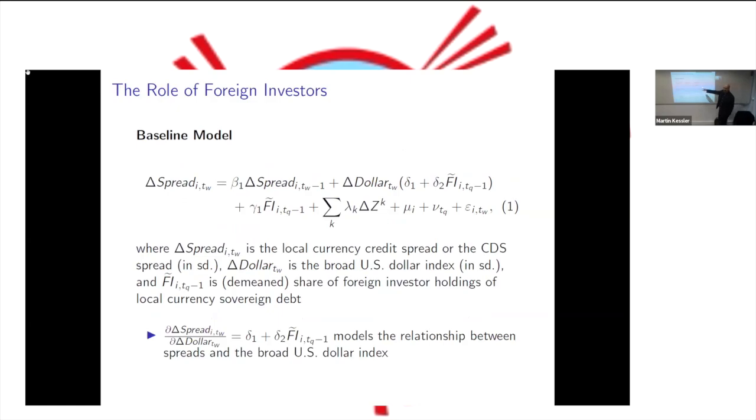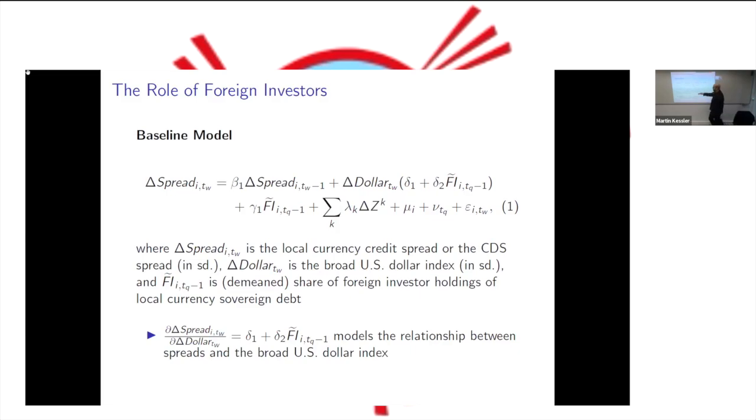So this is my baseline model. What I do is run the change in the spread on its lag, on the dollar, and the interaction between the dollar and the level of foreign participation, and also some controls that are country specific and for the global economy.